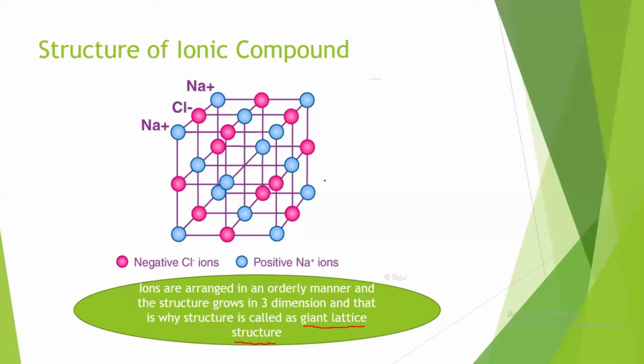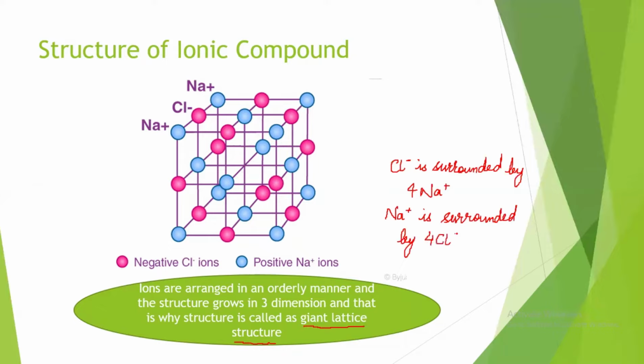And over here, you will see that each chloride ion is surrounded by 4 sodium ions, and each sodium ion is surrounded by 4 chloride ions.